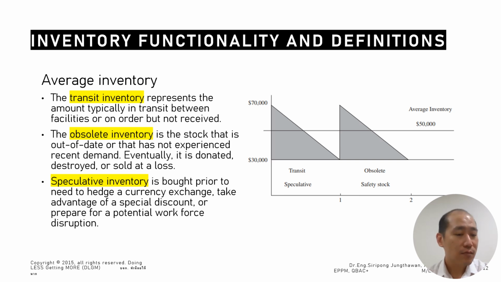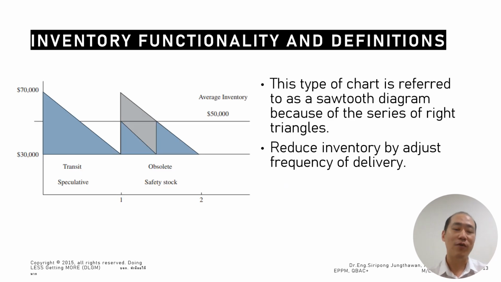And speculative inventory is bought prior to need, to take advantage of currency exchange or a special discount, or sometimes you prepare for potential workforce disruption. It's like if you buy gold and then the gold price goes up, so you keep it as inventory and then sell. We call that speculative inventory, and that's why we have to manage it.